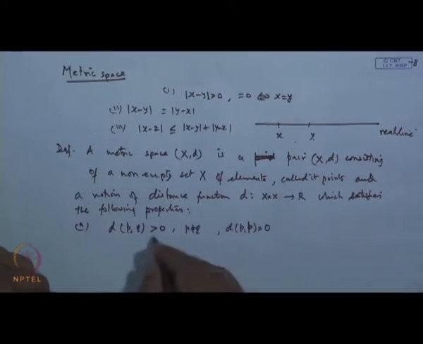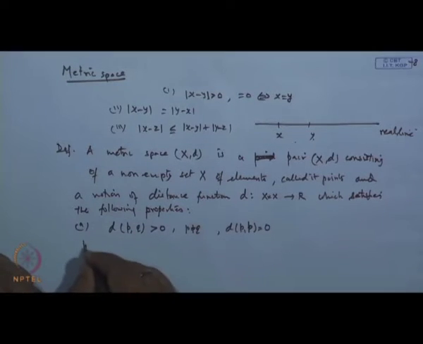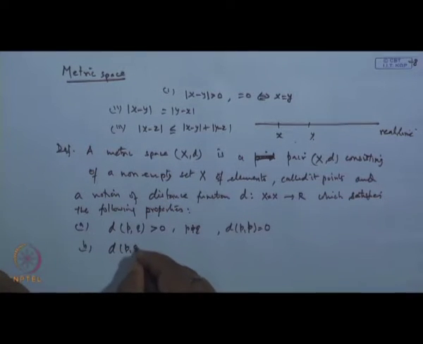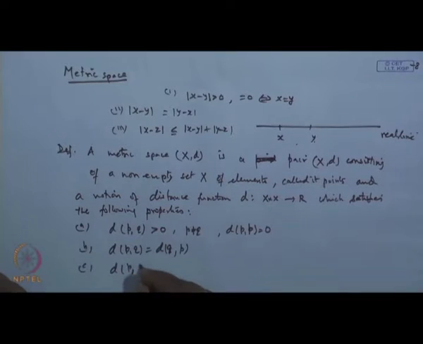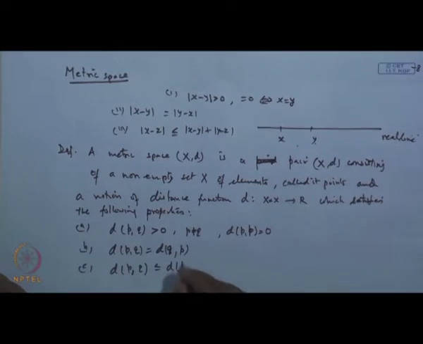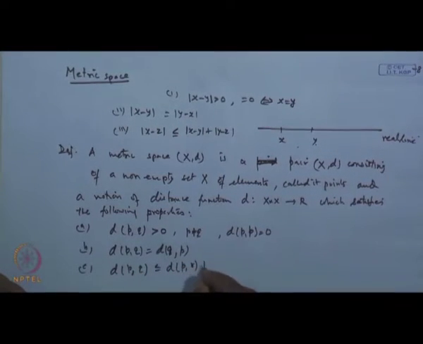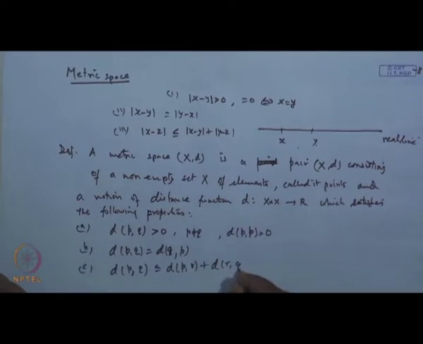Second, d of p q is the same as d of q p. Third, d of p q is less than or equal to d of p r plus d of r q.